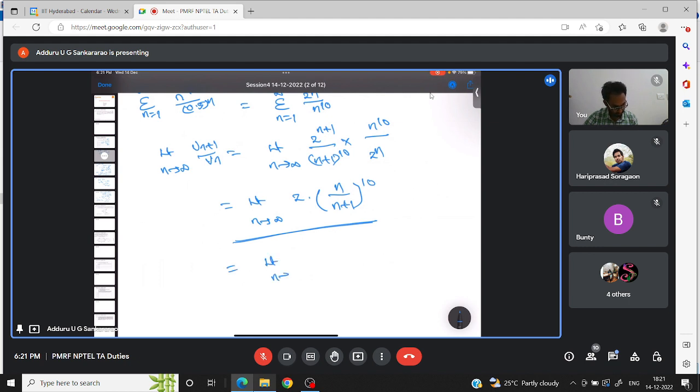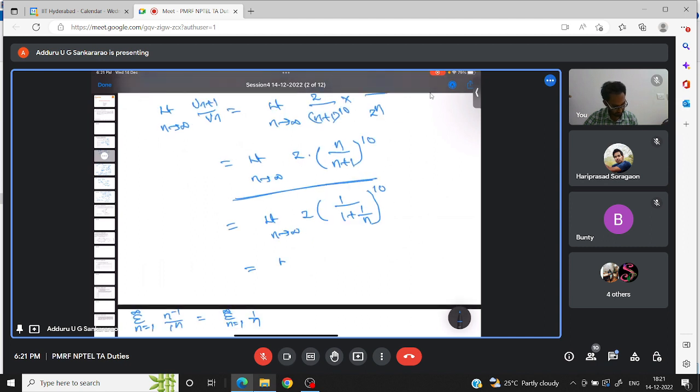So limit n tends to infinity 2 into 1 by 1 plus 1 by n power 10. So 2 into 1 by 1 plus 0 power 10. This is 2. This is diverging.